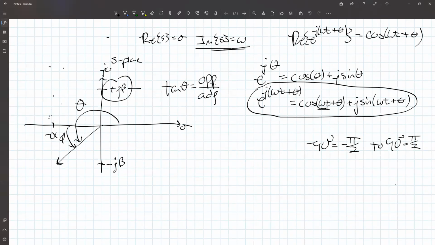pretty much every class you take from now on in electrical engineering has a bunch of complex numbers. You have to be comfortable going from a rectangular coordinate to a polar coordinate, and you have to be comfortable using phasors. A phasor is something like 120 with some angle delta.